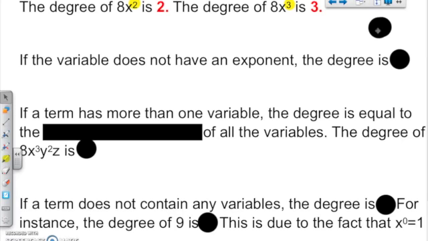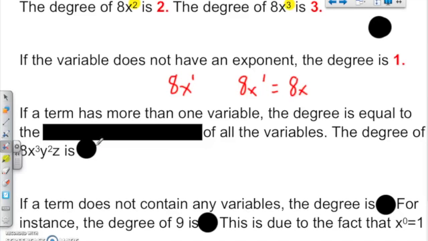Now, if the variable does not have an exponent, we say that the degree is 1. So that would be a term that looks something like this, 8x. If we don't have an exponent up there, we assume that it's going to be 1, because anything to the first power is what we start off with. That's why we don't write 8x to the first very often, because x to the first is just x, so it saves us time to just write 8x.